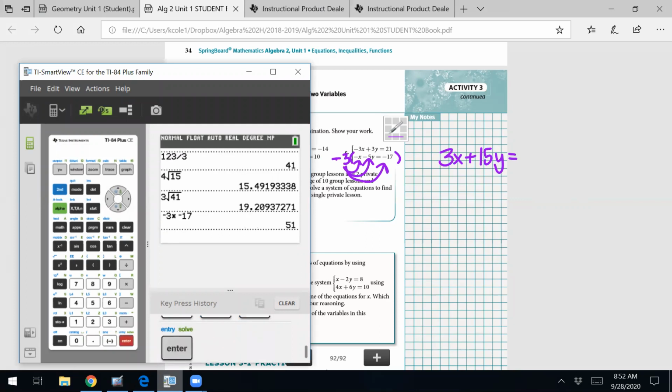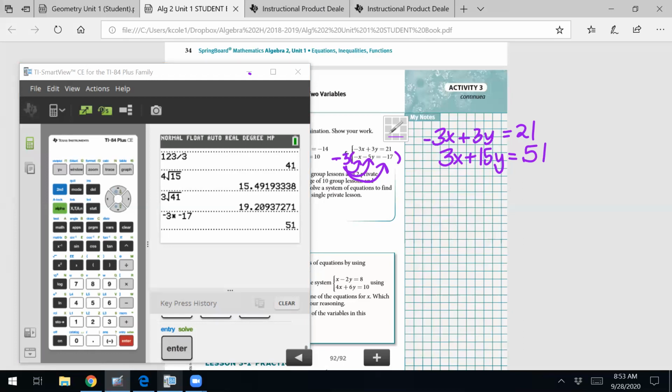You said that, didn't you? Sorry. Okay. So then we bring over negative 3x plus 3y equals 21. That one's not changing. That one stays the same. So I just brought equation 1 over. We multiplied by negative 3 to get this one.